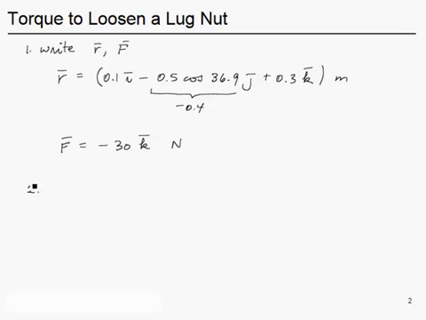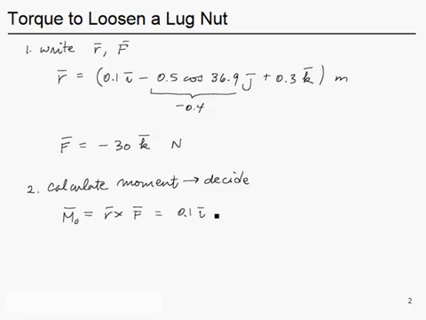All right, so for step two, we're going to calculate the moment, and we are going to use that to make a decision. So M, the moment around the origin, is going to be r cross F. This is going to be 0.1I minus 0.4J plus 0.3K, and that's crossed with minus 30 in the K direction.